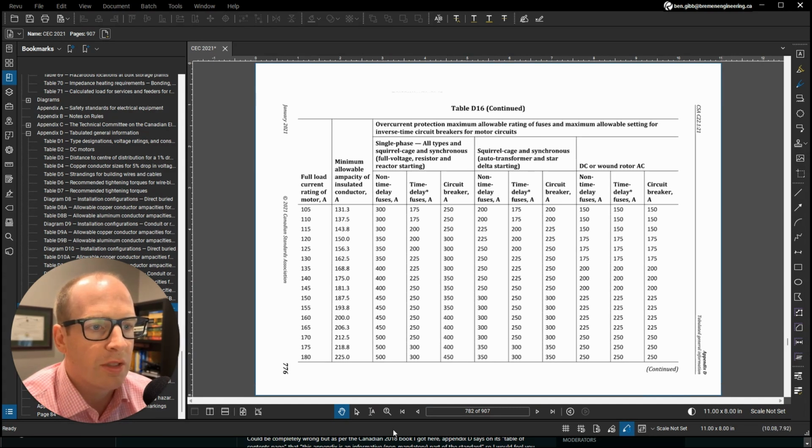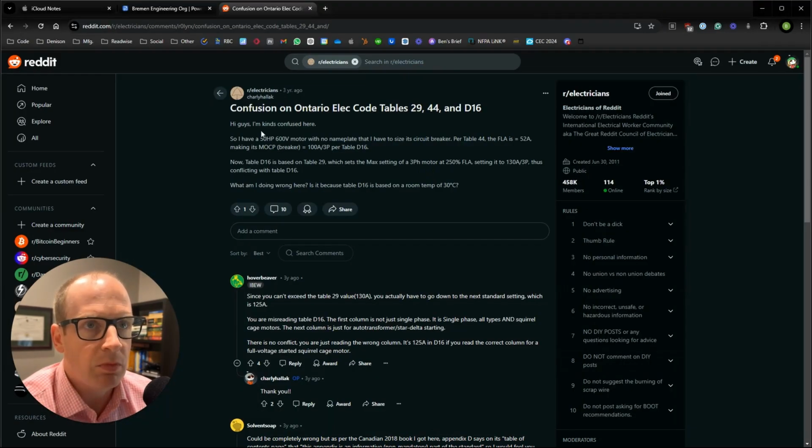In researching this, I actually came across this Reddit post, and this person actually had the same sort of confusion. Why do we have Table 29, 44 and D16? So they say, I have a 50 horsepower, 600 volt motor. Per Table 44, the FLA is 52.